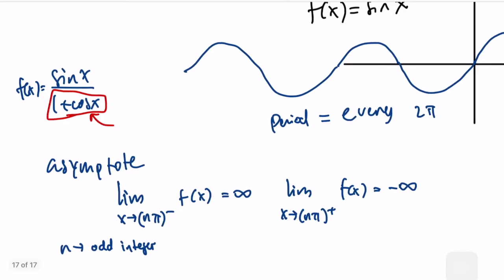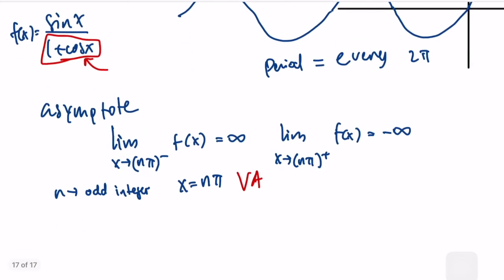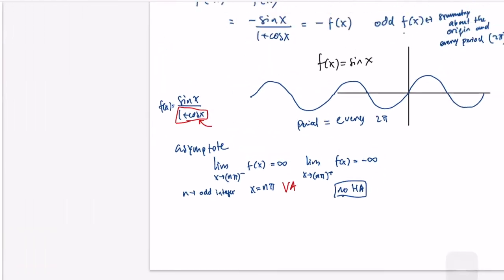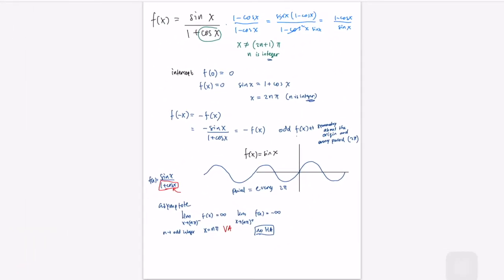So of course x equal n pi is our vertical asymptote, and I don't think we will have a horizontal asymptote, so no horizontal asymptote. Okay, that's the first section here.